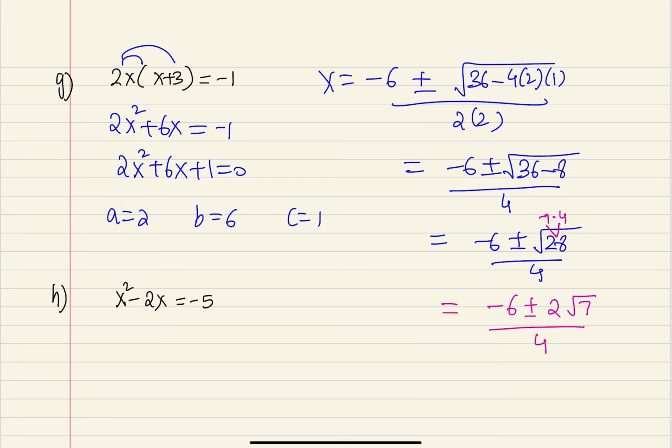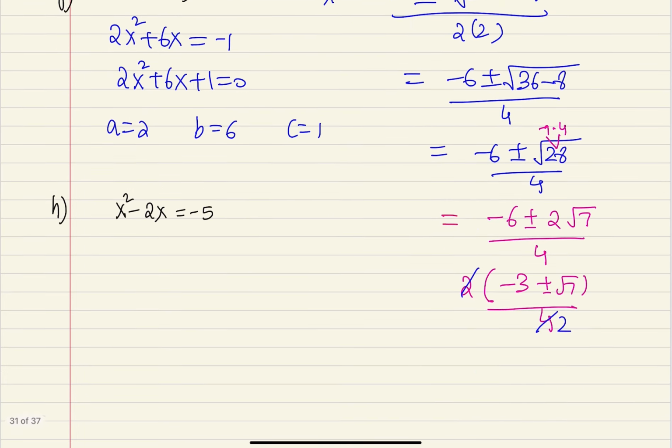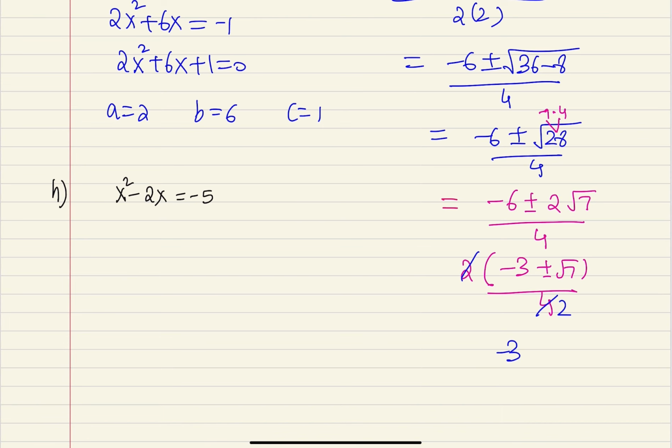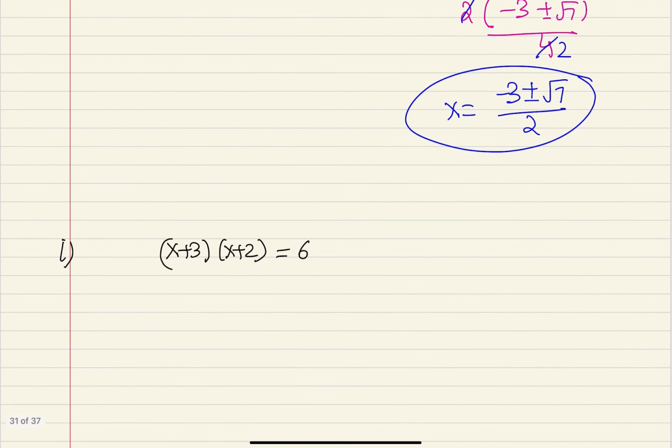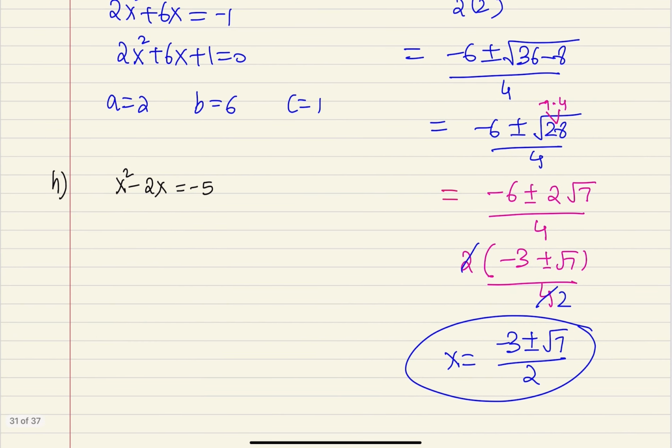Let us go ahead and factor a 2 out in the numerator and cancel with the 4 in the denominator. So final solution is negative 3 plus minus root 7, divided by 2. And these are going to be our two solutions in this case. We just use quadratic formula here. Two more examples using quadratic formula, and then we'll move on to the next method.